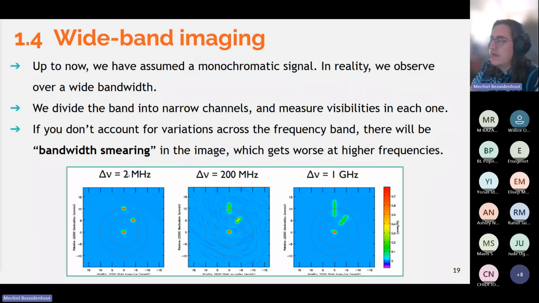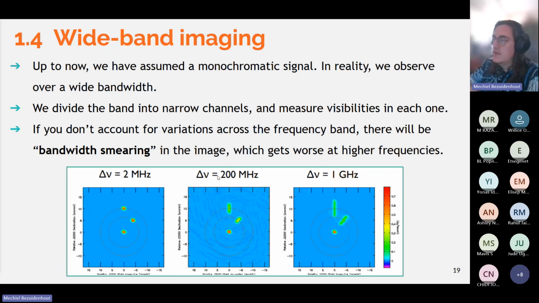So if you look at the images at the bottom, at low frequency, if you use channels which are 2 megahertz across, so you use very fine channels, you get very neat point sources.